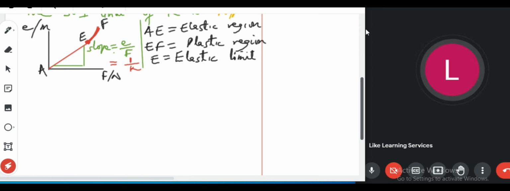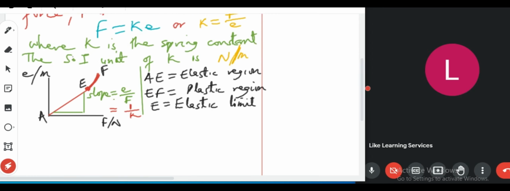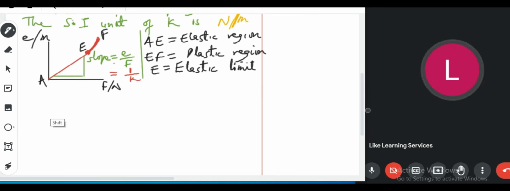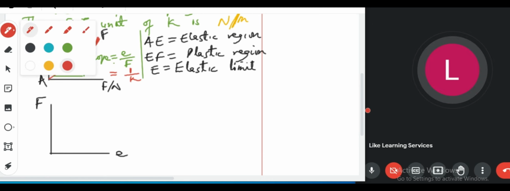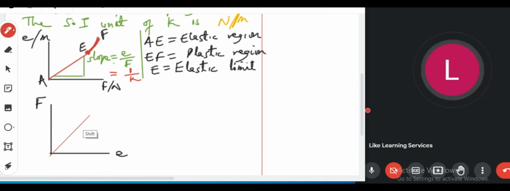You know, this initial graph we plotted is E against F, which gives 1 over K. But if we decide to plot a graph of F against E, like this, F here, E here, the slope will give us directly the spring constant.